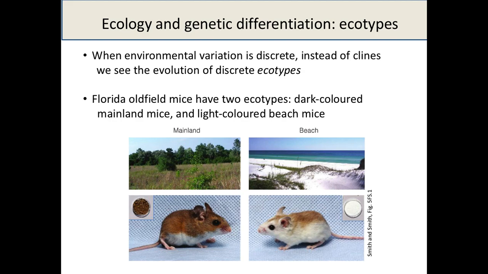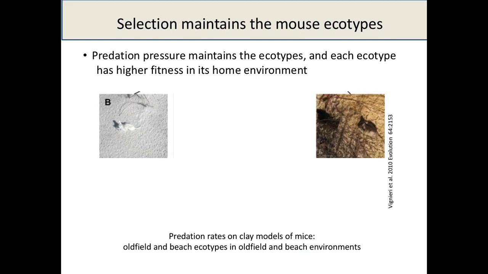Two visually very different environments. We take an overview: a sandy environment and a field environment, a light-coloured mouse in the sandy environment, a dark-coloured mouse in a darker field environment.